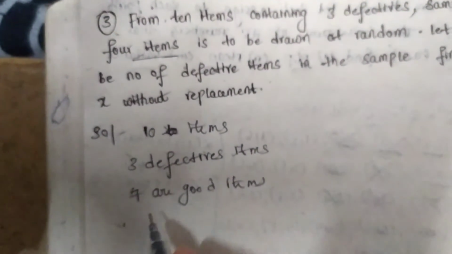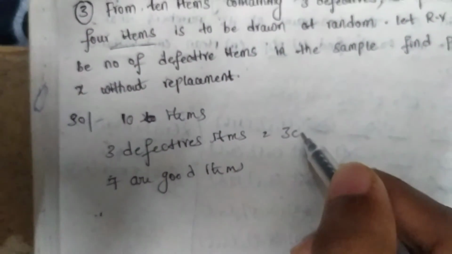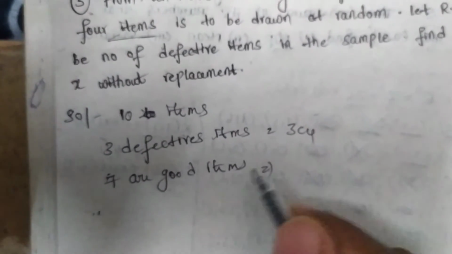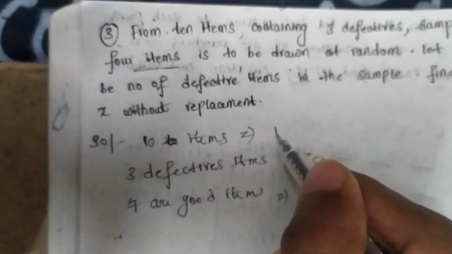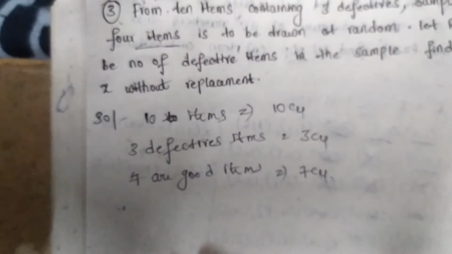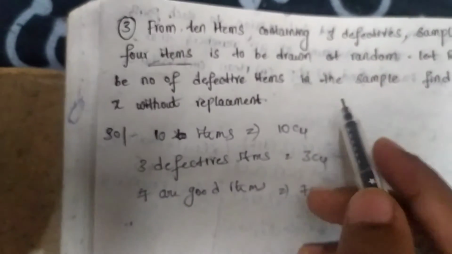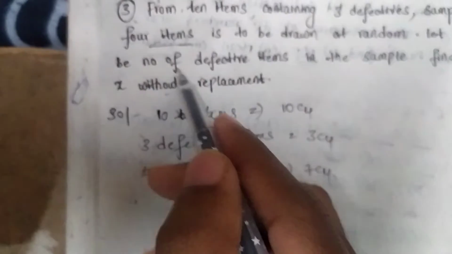For defective items we use 3C, and for good items 7C. The total items are 10 and we are drawing 4 items, that is 10C4. Here we have to find the PDF of x without replacement, where x represents the number of defective items.